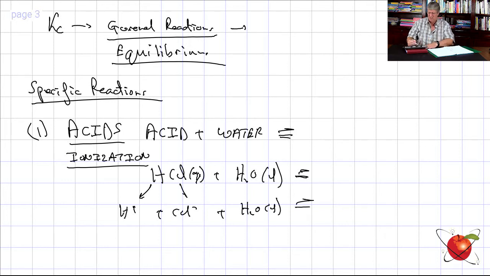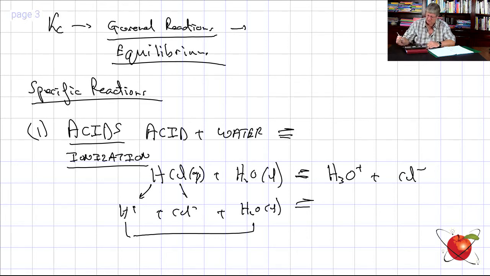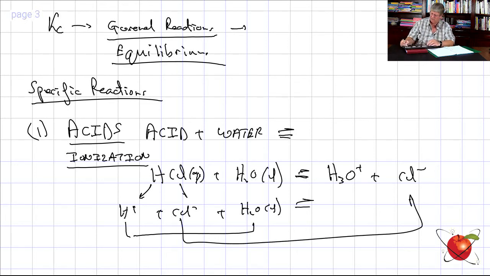The hydrogen then links up to the H2O to form H3O+, which is the hydronium ion, isn't it? And I get the Cl- coming up over there. That's what happens when an acid ionizes in water, right?